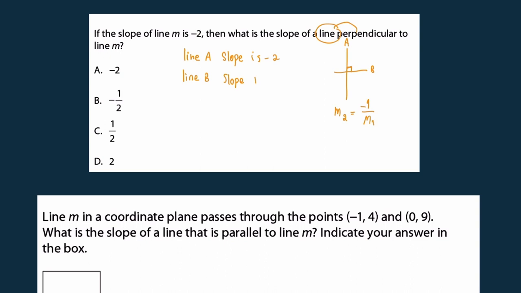So mB equals minus 1 over minus 2, and minus divided by minus is positive, which is 1 over 2. It's C.